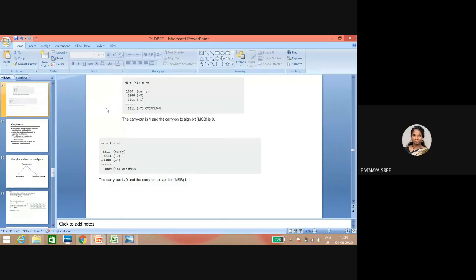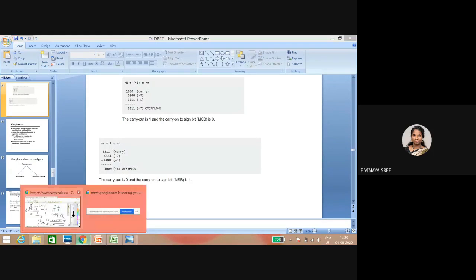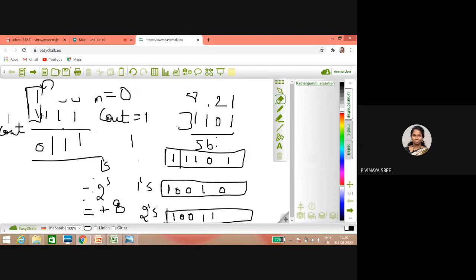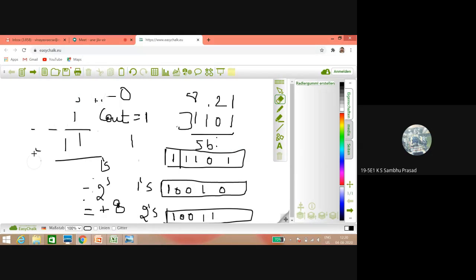Now coming to the second example, see here, +7 is represented as 0111 and +1 is represented as 0001. Overflow on or off? Can anyone do it in your notes and tell me? What do we get if we add 7 and 1? 8.